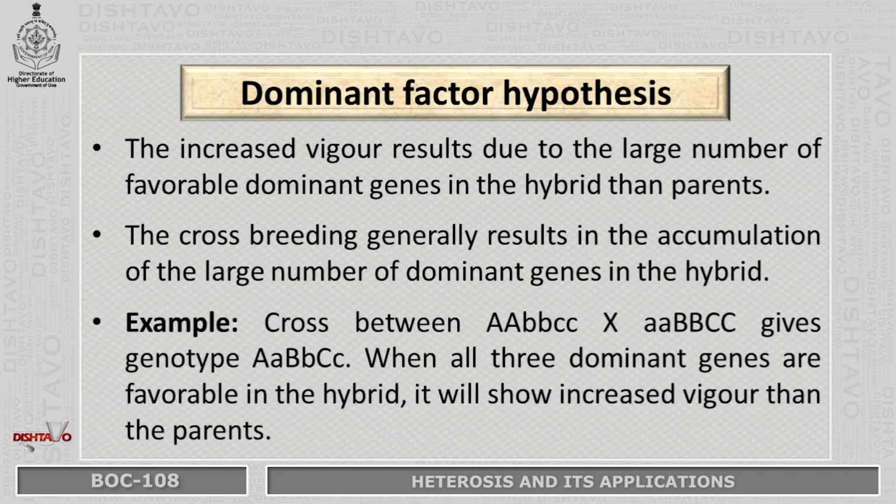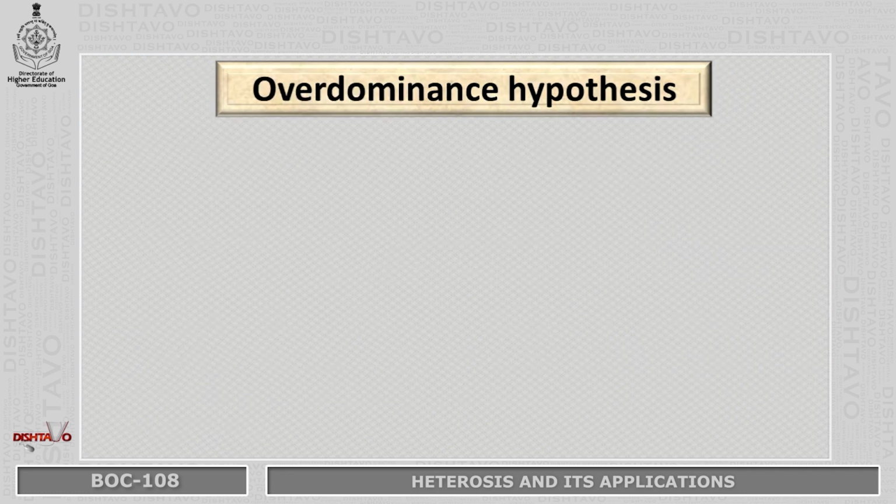For example, a cross between A B b c and a B C gives a genotype of A B C. When all three dominant genes are favorable in the hybrid, it will show increased vigor than the parents.